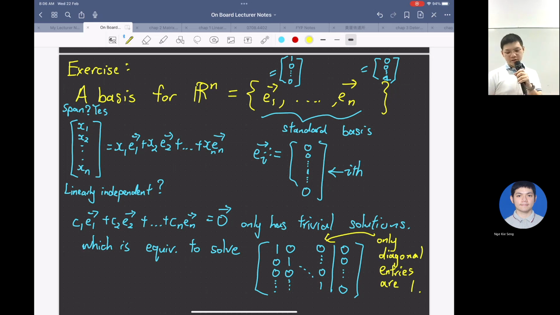Okay, so the columns are linearly independent because you have a pivot in every column, right?